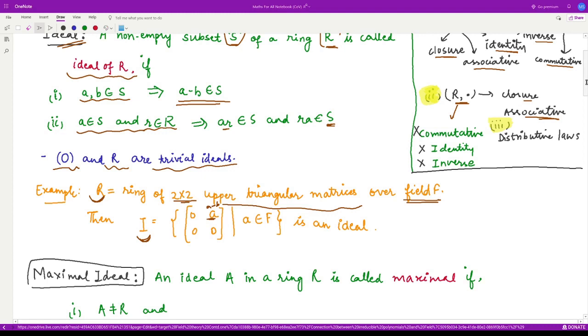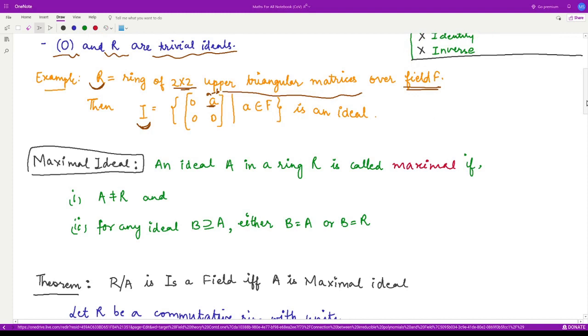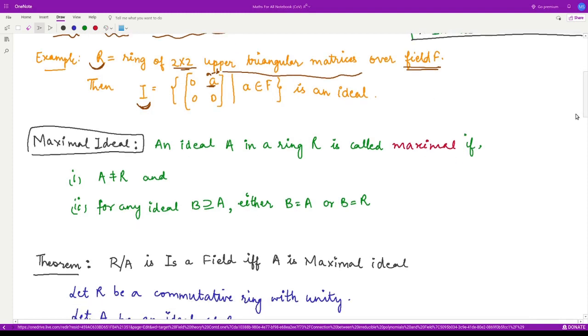So what is a maximal ideal? Maximal means you cannot find anything which is greater than that, right? So an ideal A in a ring R is called maximal if, first of all, it should not be the ring itself. That means it should be something smaller than the ring.